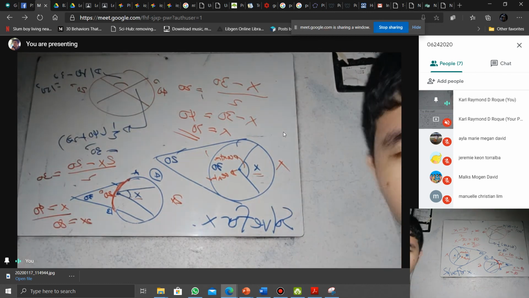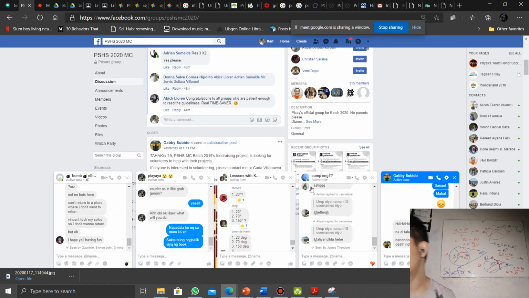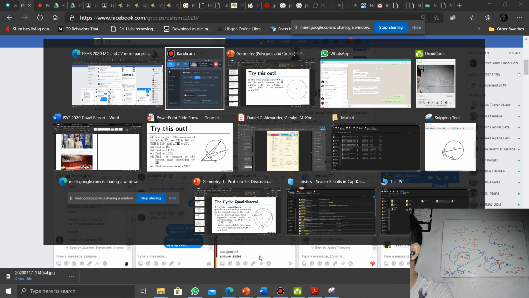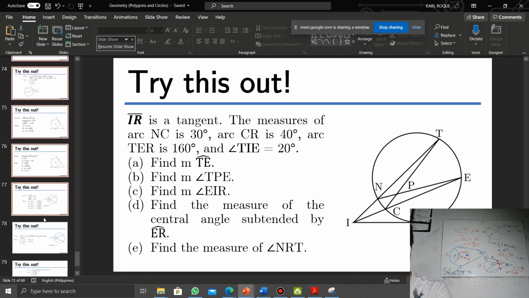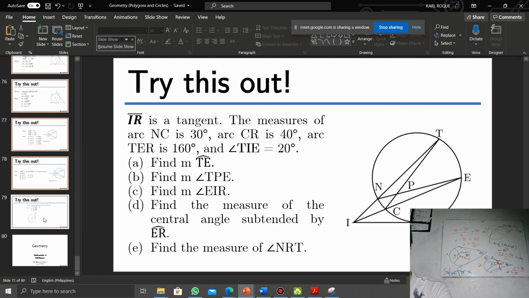We'll end there. So, meron na akong assignment for you guys. Ito, required talaga to, kasi medyo nahirapan kayo eh. And I want you to practice. Answer slides 72 to 79.